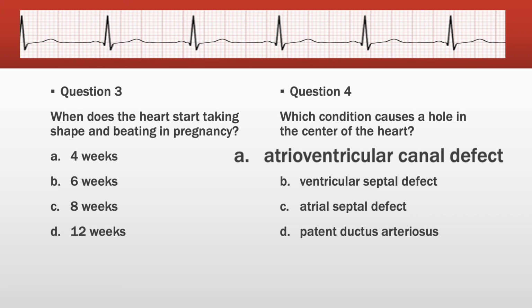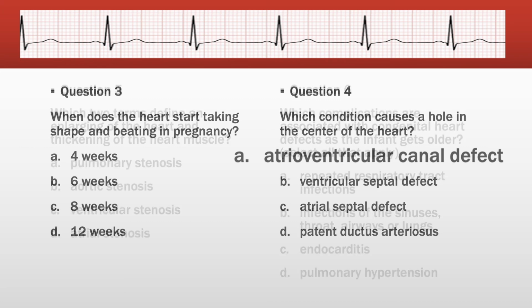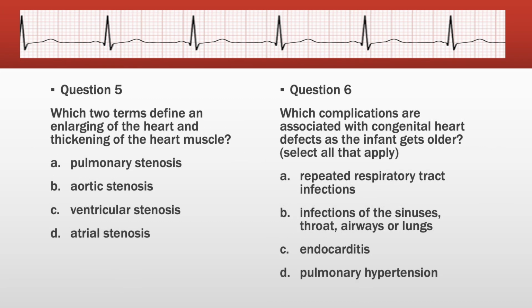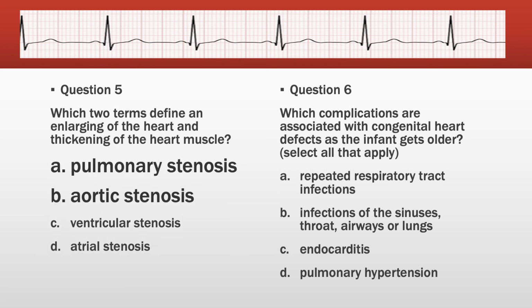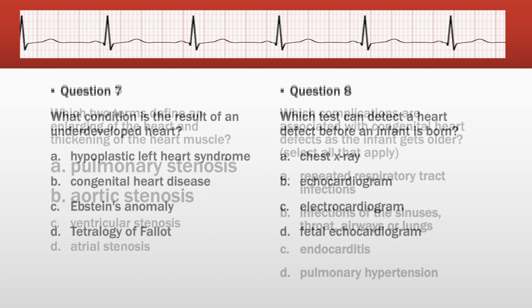A, atrioventricular canal deficit. Question 5, which two terms define enlarging of the heart and thickening of the heart muscles? A and B, pulmonary and aortic stenosis. Question 6, which complications are associated with congenital heart deficits as the infant gets older? All of the above.